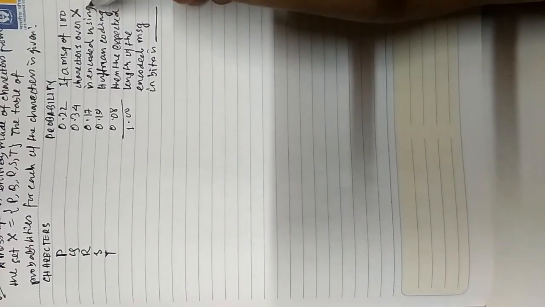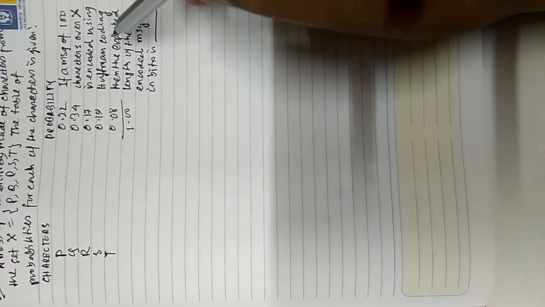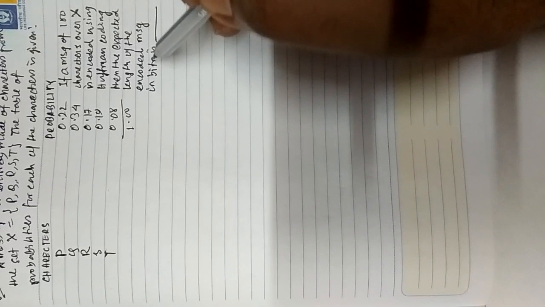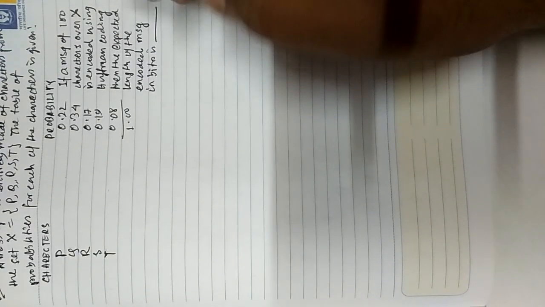So if a message of 100 characters over X is encoded using this Huffman coding, then the expected length of the encoded message in bits is this one. Okay, so what we will do, we will arrange it in some format.